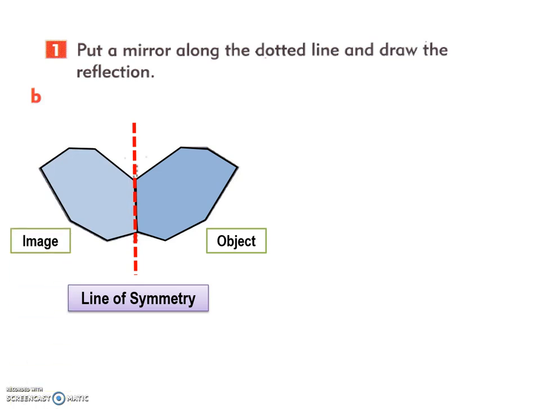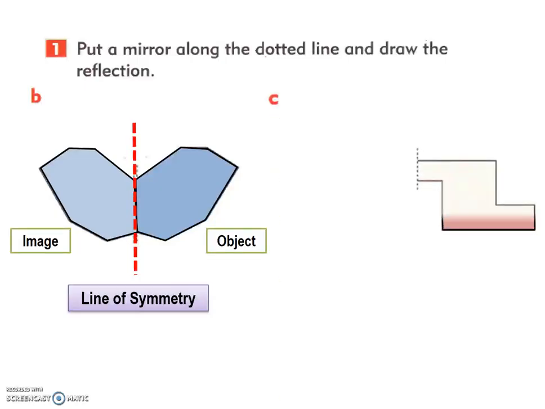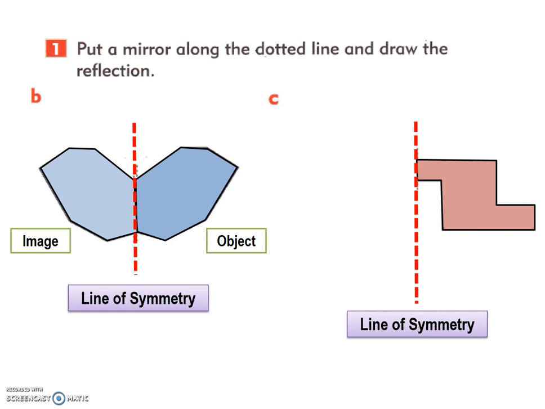So we have your object and also the image. So in the next question we are basically doing the same thing. Alright, that is the mirror line or line of symmetry. So this is how we draw the image which is flipped to the other side of the mirror.